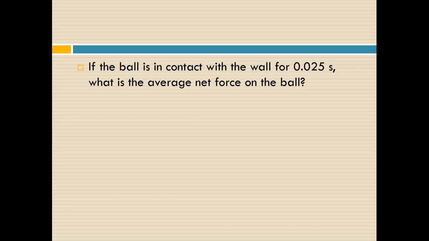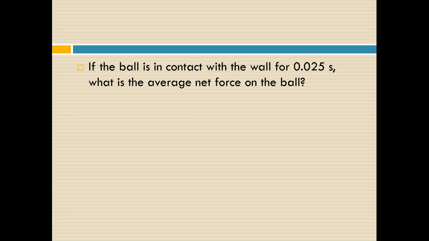Now, all we need to do is find out what the average force is that the wall exerts on the tennis ball. Just take the change in momentum, negative 13.6 kilogram meters per second, multiply that by the time interval, 25 thousandths of a second, and we end up getting the wrong answer there.